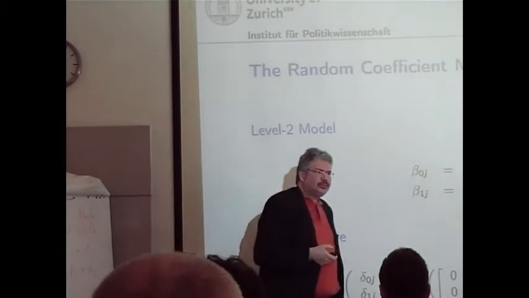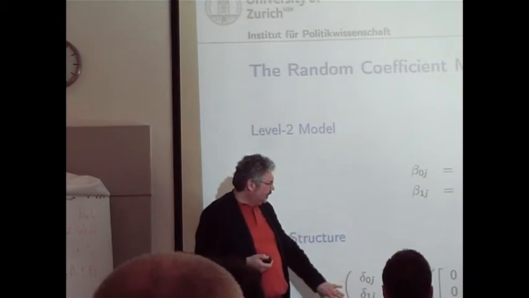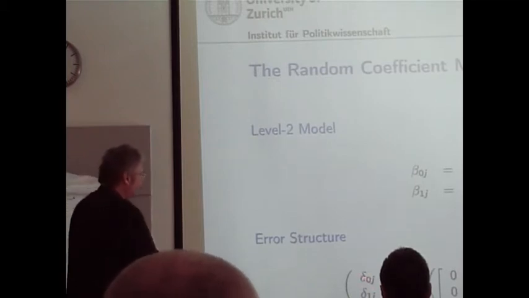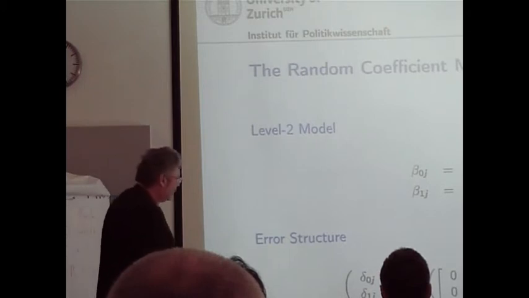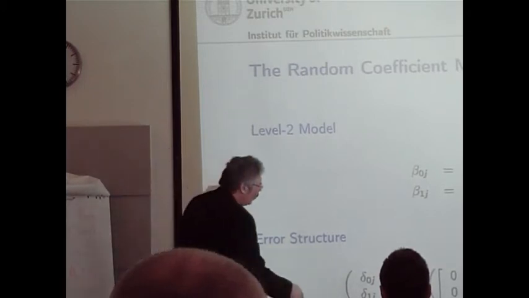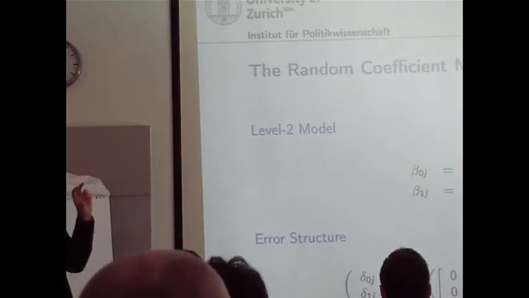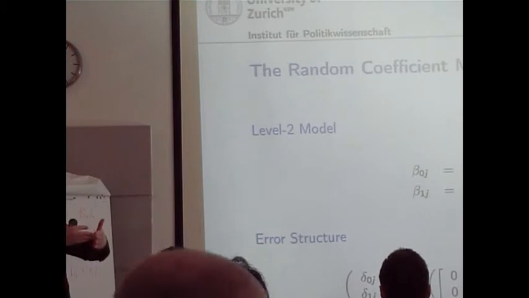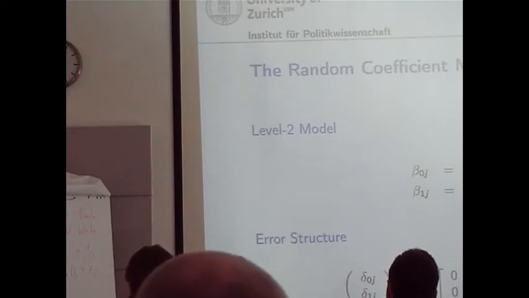So to capture that, I have this error structure, and I'll walk you through this because this is probably not obvious. I stuck the 2 deltas together in a vector. And then I said, well, they're normally distributed. Actually, because I'm not talking about 1 random variable but 2, the more proper expression is they follow a bivariate normal distribution. There are 2 variables, and I specify a distribution over both of them simultaneously.